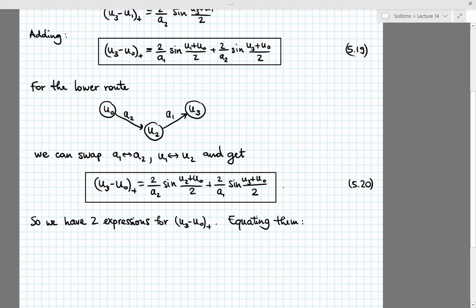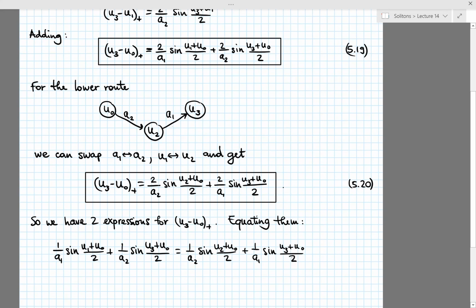So if I divide by a common factor of 2, I get 1 over a1 sine of u1 plus u0 over 2 plus 1 over a2 sine of u3 plus u0 over 2 is equal to 1 over a2 sine of u2 plus u0 over 2 plus 1 over a1 sine of u3 plus u0 over 2.